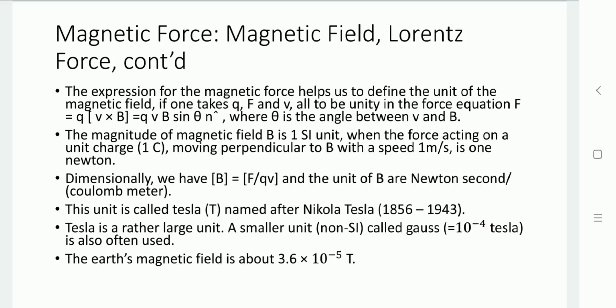I repeat, the equation is F equals Q v cross B, and we want to identify the unit of B. So F, Q and v we take as unity: 1 Newton force acting on a charge Q of 1 coulomb moving perpendicular to the magnetic field with a speed of 1 meter per second.